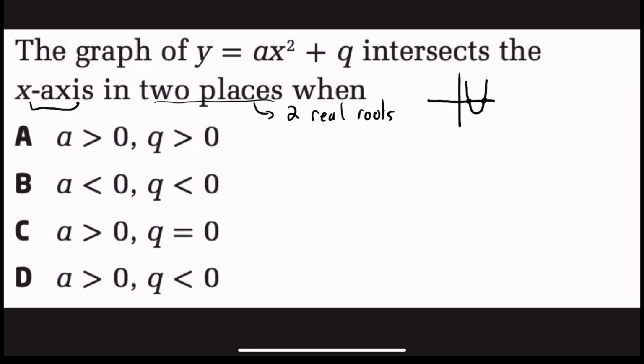Now, if we're thinking about the standard form of a quadratic, so f of x is equal to ax squared plus bx plus c. This is important to note because the way this is written here is without a b value.